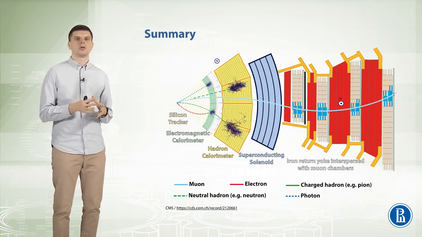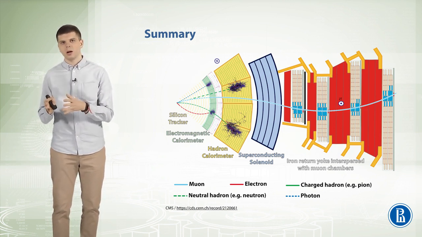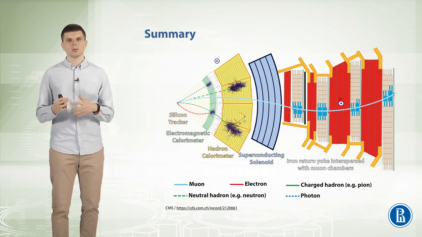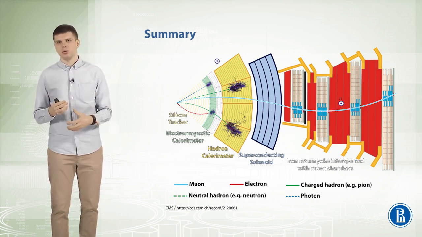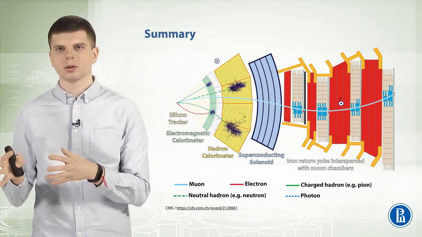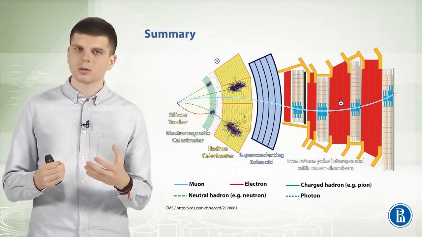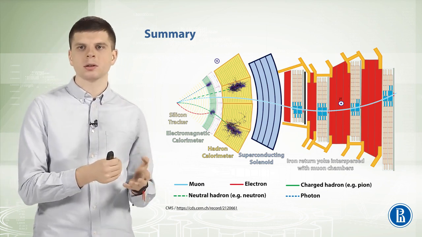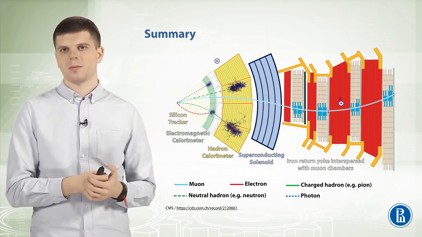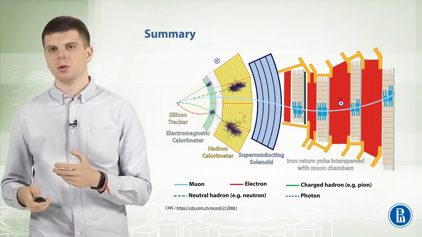Ring imaging Cherenkov detector identifies a particle type based on its track and momentum. Electrons and photons are stopped by the electromagnetic calorimeter, which also measures their energies. Other particles fly further to the hadron calorimeter, and the hadron calorimeter stops protons, neutrons, and other particles containing quarks, and estimates their energies. Muons pass all detector systems and are detected in the muon system.